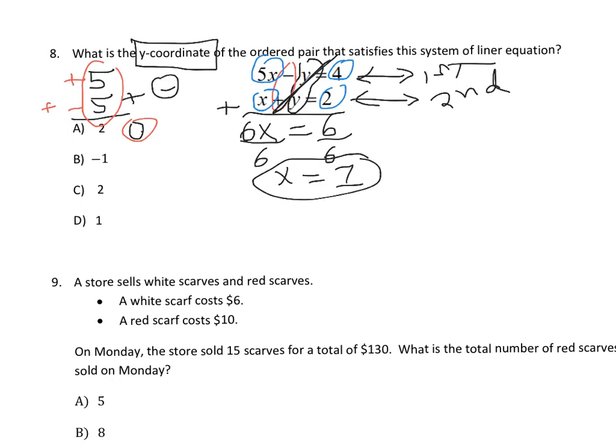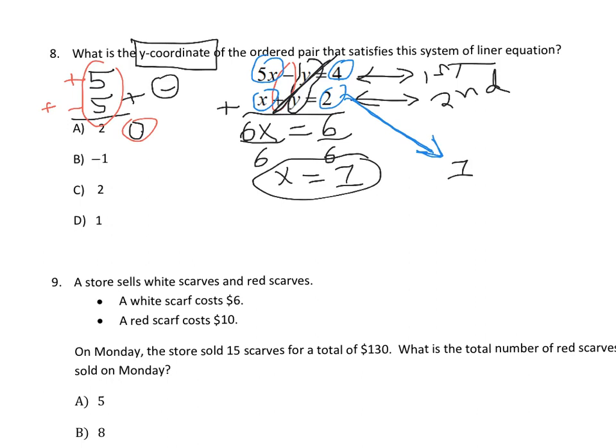Now that we found x, we need to substitute it, or plug it, into one of the original equations, and I would choose to plug it into equation number 2. I'm going to draw a line here, an arrow. As I copy it, I'm going to solve for y. That equation says x, and x is 1.